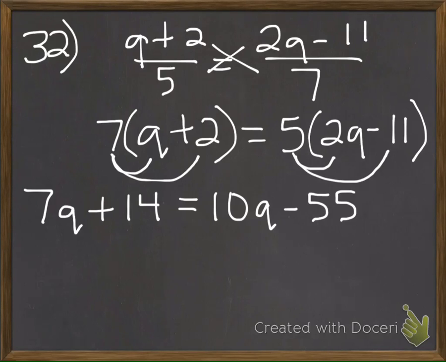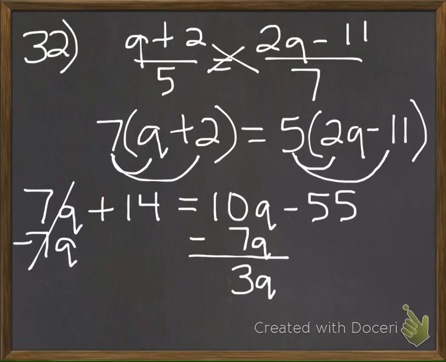So in this case, we would move the 7q over to the right side by subtracting it to make it 0 on the left side, and then subtract it from your 10q to combine it. So 10q minus 7q is 3q. Now your variable is located on the right side along with your minus 55.